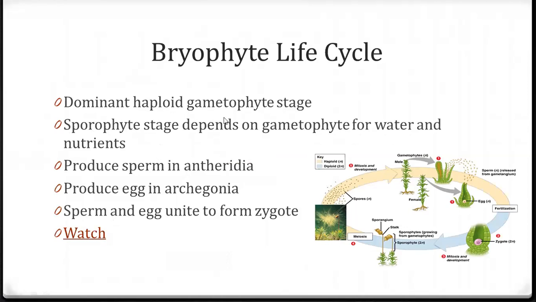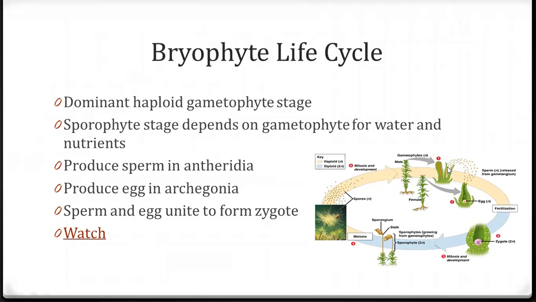But basically, they produce sperm in the anther and eggs in the archegonia, and then sperm and egg unite to form a zygote. So this is just showing you the process over here. You have a male gametophyte and a female gametophyte. That means you have gametes from the male and the female.